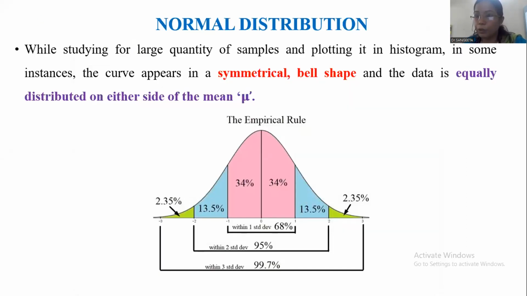Before I tell you about the various tests, this is a concept that we need to know a little bit about: the normal distribution. What is a normal distribution? In simple words, around 68% of the population lies in and around the mean. Okay, it's all around the mean. So there is no deviation.